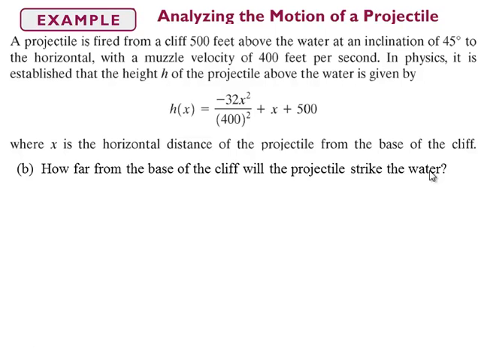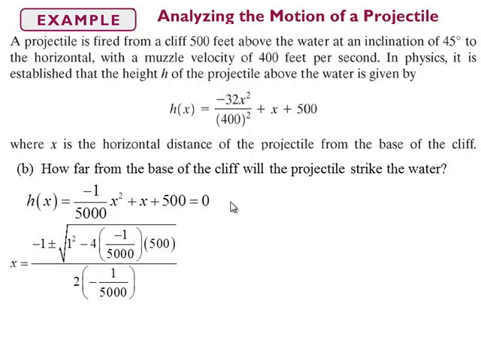Now, when you get to the surface of the water, the height is going to be 0. So you're going to set your height function equal to 0 and then solve for x. So you're going to solve a quadratic equation, which you know how to do. Use the beautiful quadratic formula here, plug in the numbers, and slug through the arithmetic and work out the two solutions.